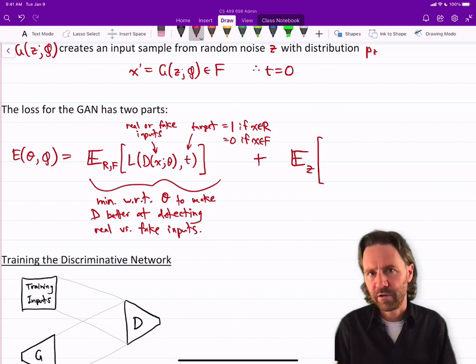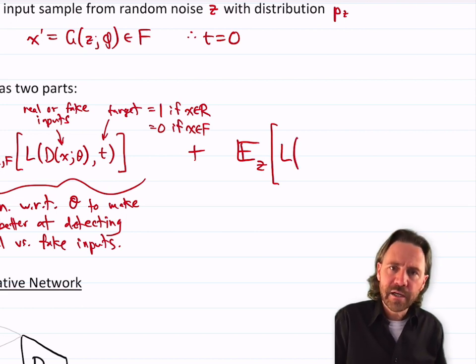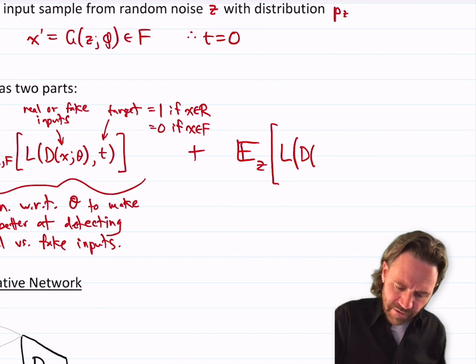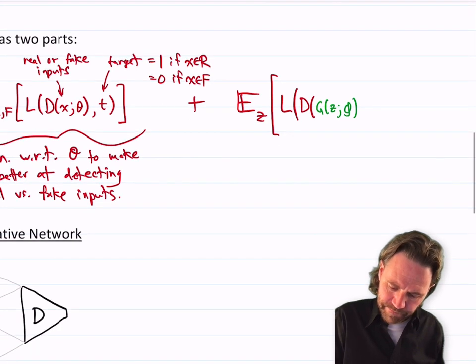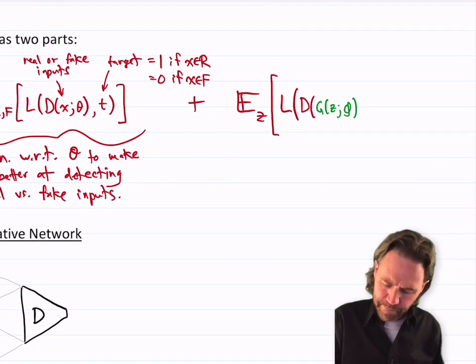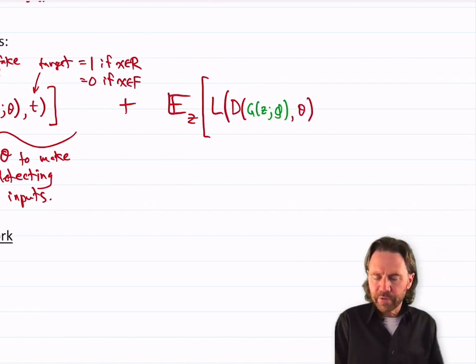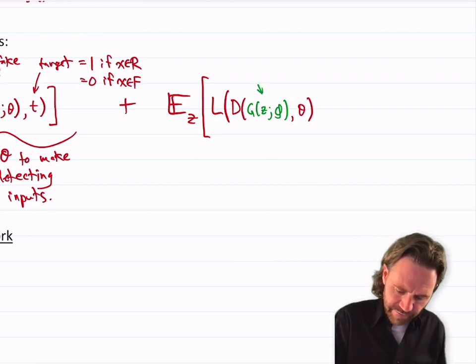Okay, let me write it down and I'll describe it again. The expected loss between the output of the discriminator when given a generated input. So that's the discriminator. Give it a generated input. So this is a fake input.